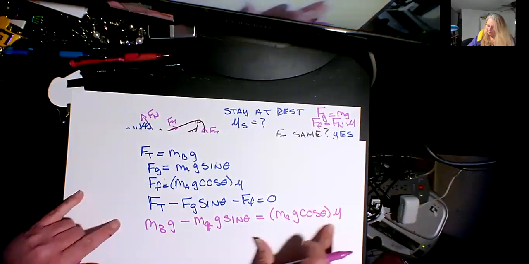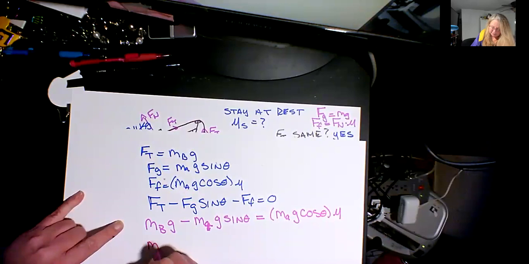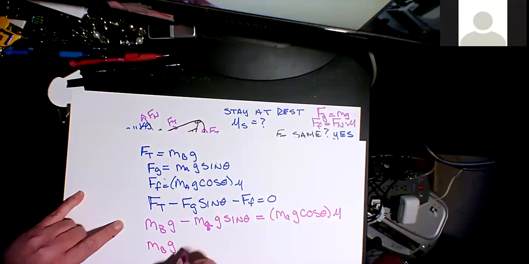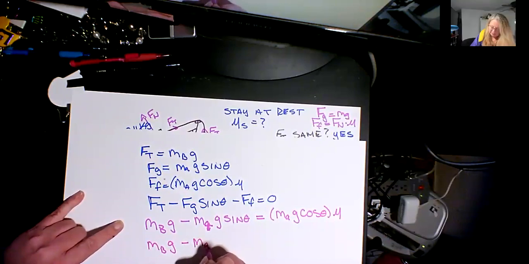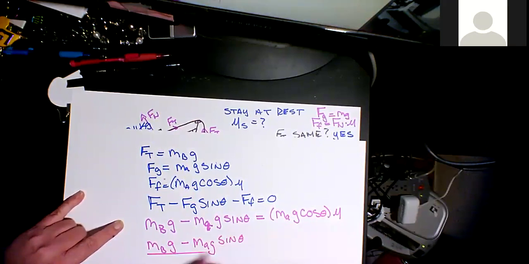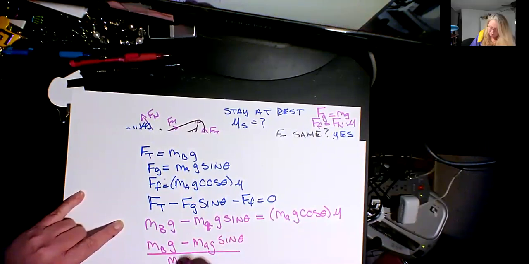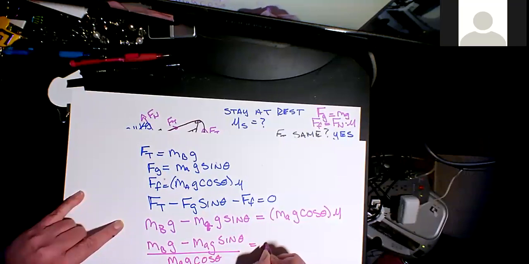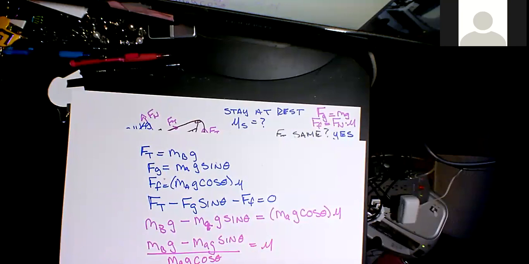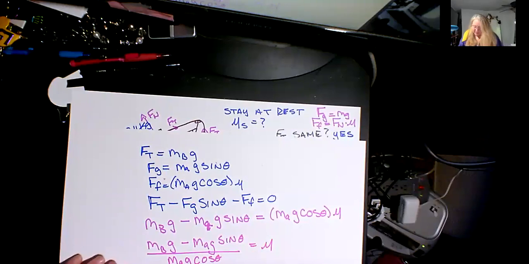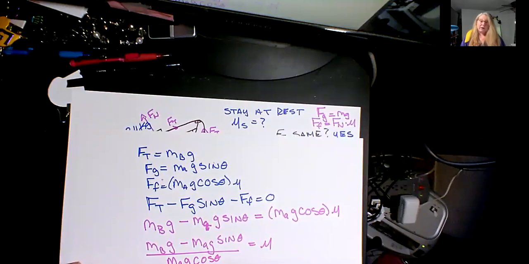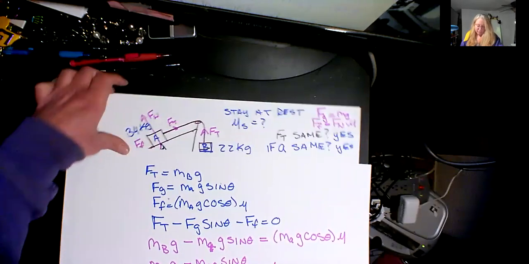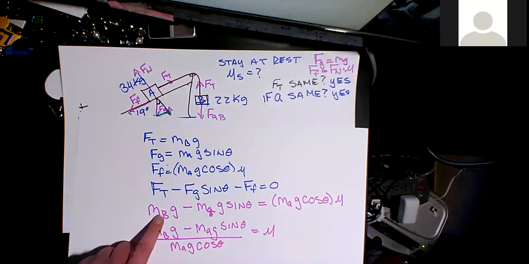So in the end, now I can isolate for mu. I get mass B times gravity minus mass A times gravity times sine theta, divided by mass A g cosine theta, equals mu. One of the things that I said is we can look at this in terms of our forces as a unit, as a system, and notice that tension is gone from here.